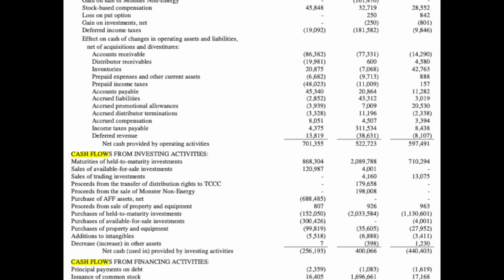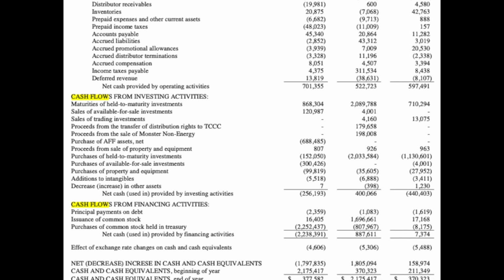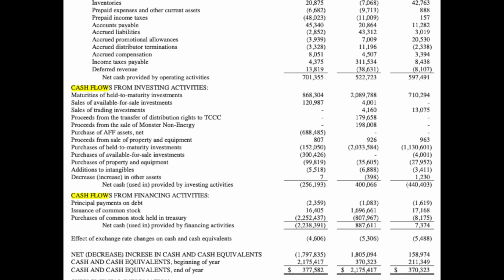And if you scroll down, you see for the cash flows from financing activities, for the line issuance of common stock, they issued a lot of stock for Coca-Cola's ownership. You have 1,696,661 here, the second line of the cash flow from financing activities, which is a lot.